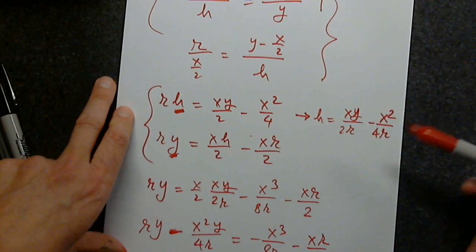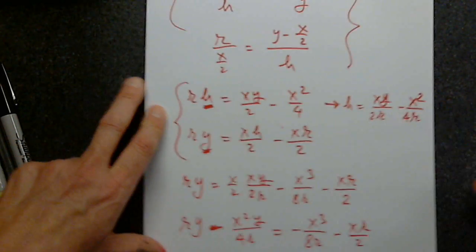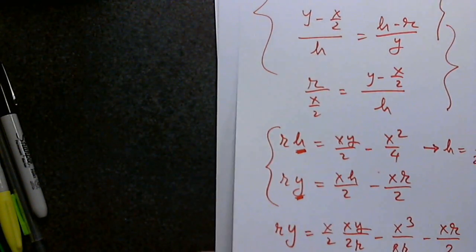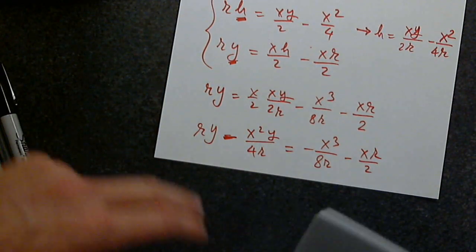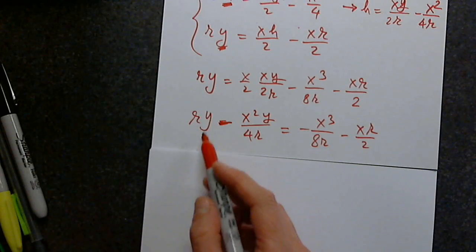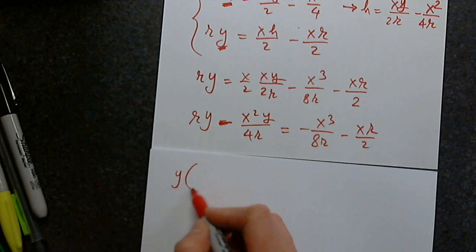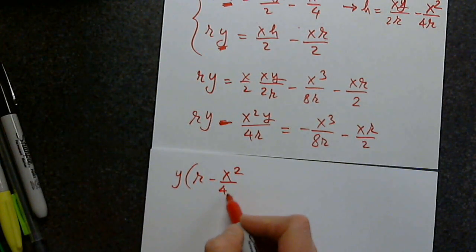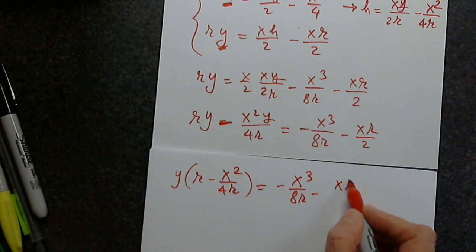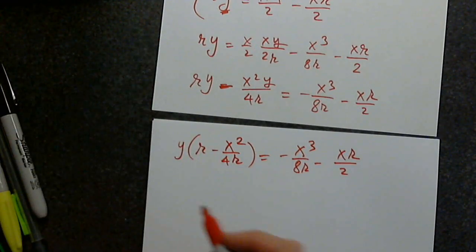Once I get y, I will plug it back in. When we get y, we plug it back in and we're done. But it looks very cumbersome. So we have y times r minus x squared over 4r equals negative x cubed over 8r minus xr over 2. So I got the y.